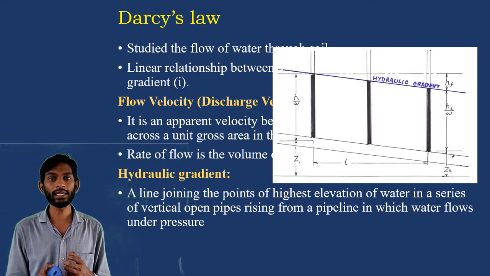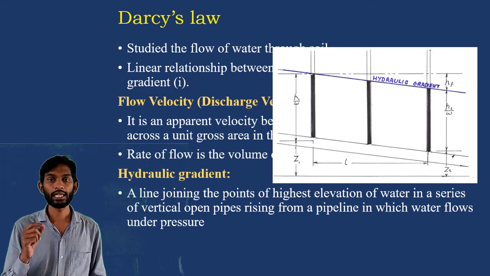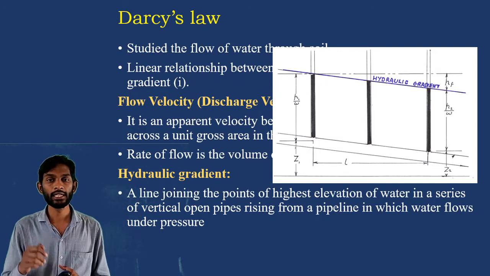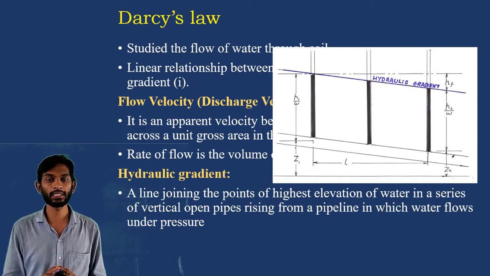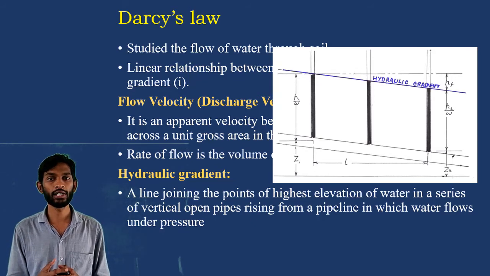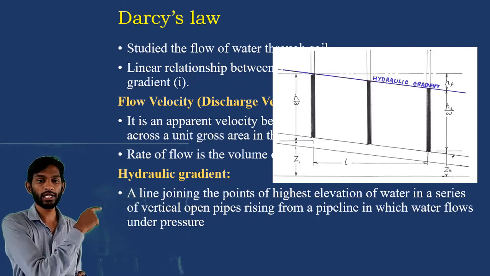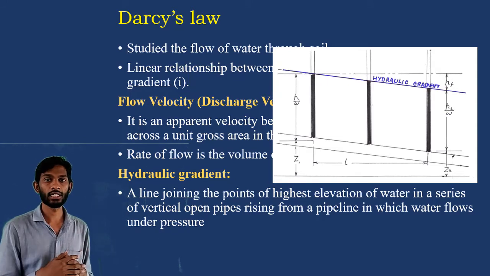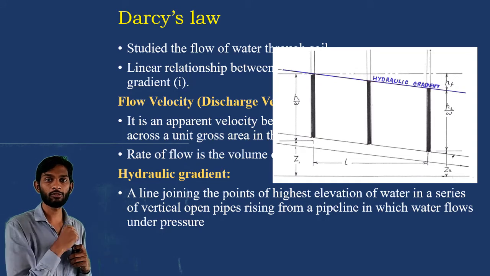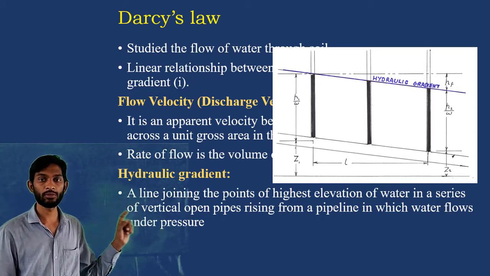So what exactly is the hydraulic gradient line? The line which joins the highest possible points in each piezometer is called the hydraulic gradient line. You can observe a line which has joined the highest possible level of water in all the three piezometers.